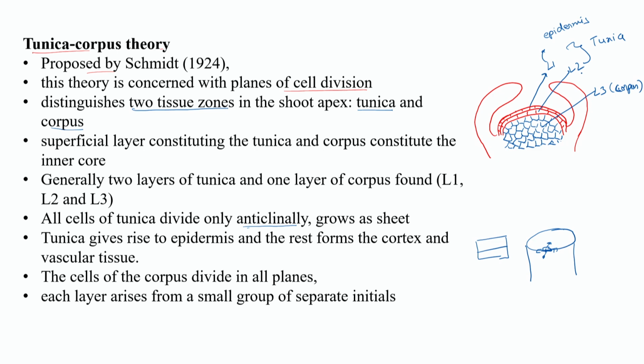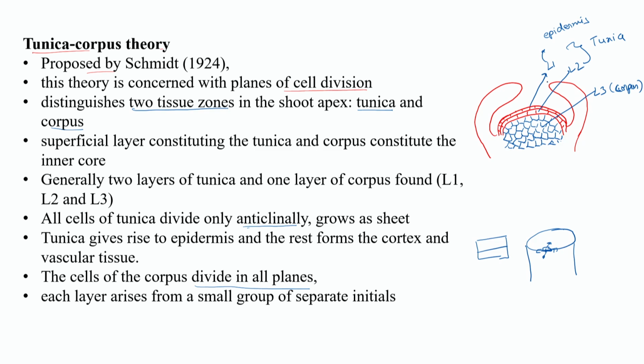The L2 layer also divides anticlinally, and sometimes forms subepidermal structures, and it may also contribute to the cortex and vascular tissue. In the corpus, cells divide in all planes, so they will increase the volume and give rise to all the different parts, leaving the surface layer.